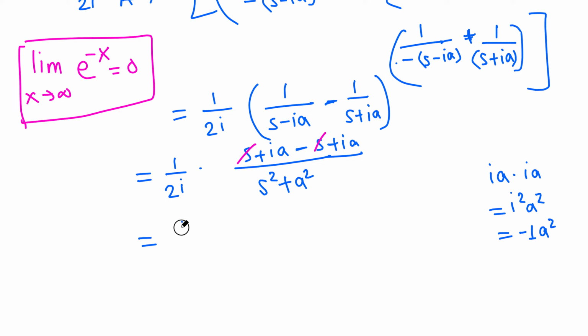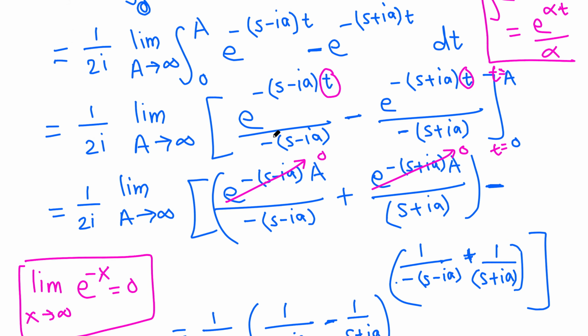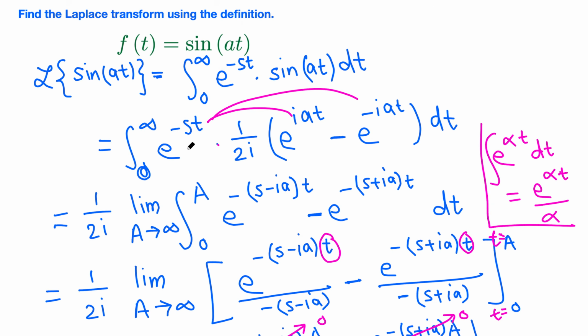So 1 over 2i times ia plus ia, 2ia, over s squared plus a squared. Now 2i can be cancelled, so we have a over s squared plus a squared. This is the Laplace transform of sine at. Final.